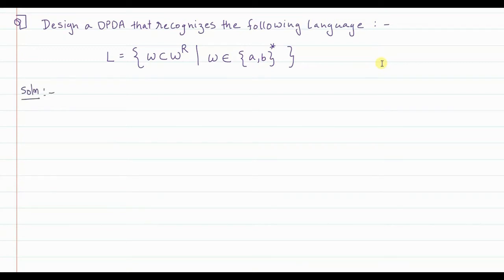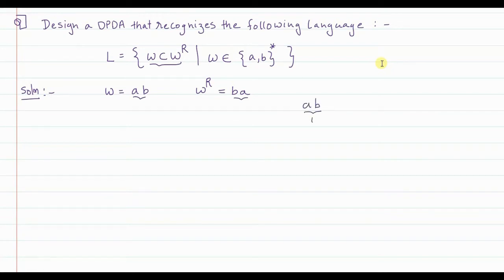Suppose W is say AB. Then when I say W raised to R, it means reverse of the string. So if W is AB, then W raised to R, that is reverse of that string, will be BA. Now in the language the valid string should be of the type WC W raised to R. So when I substitute the value of W and W raised to R, one of the valid strings that I get is AB C BA.